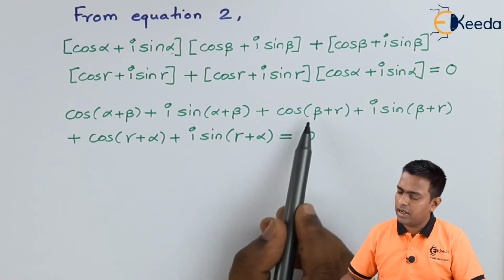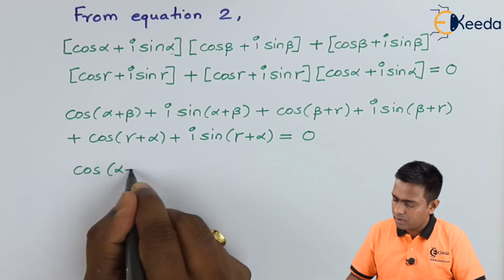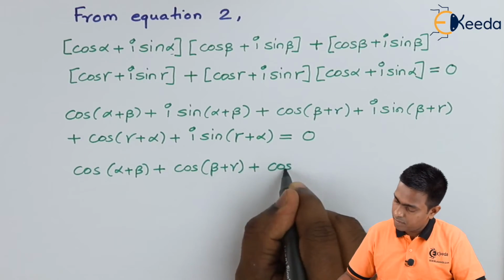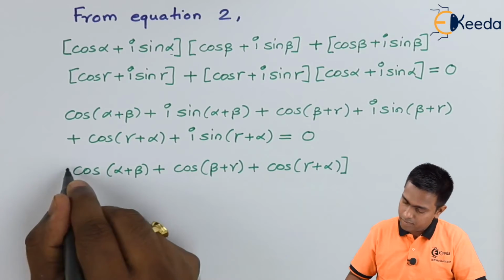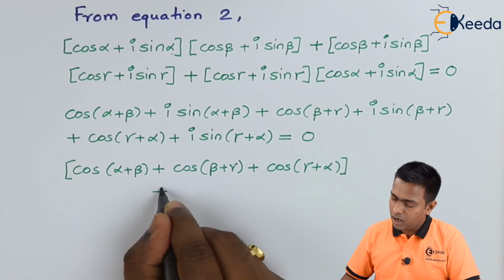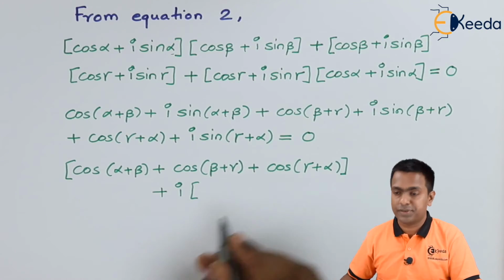So these 3 are the real terms. So I'll add it. And from the imaginary terms we'll take I outside, and in the bracket we'll get these 3 sine terms.